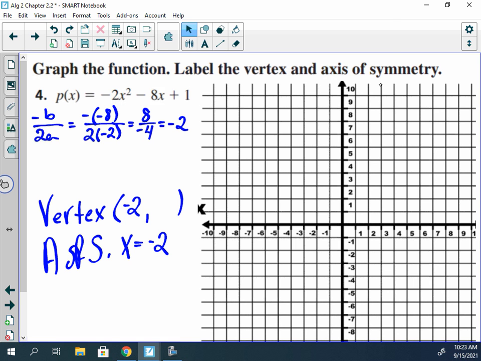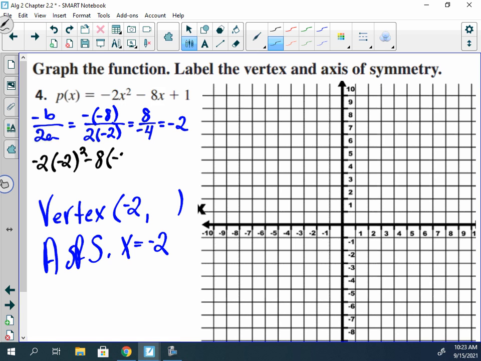And we can find that out by plugging it back in. So taking negative 2 parentheses, negative 2 squared minus 8 times negative 2 plus 1. Now again, we could type this into the calculator and it would tell us what it is.